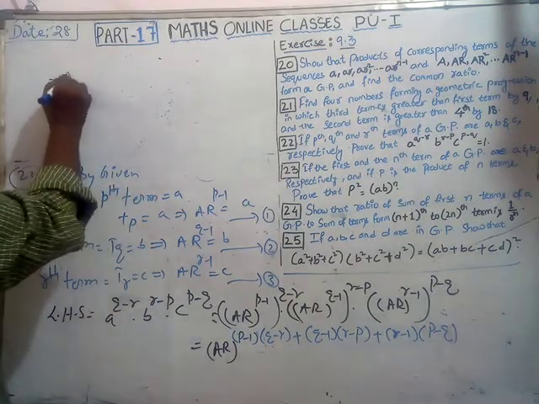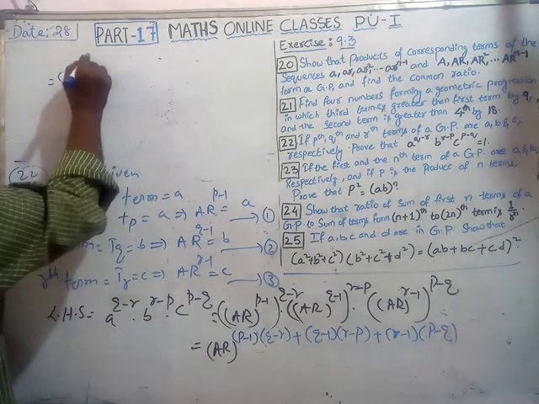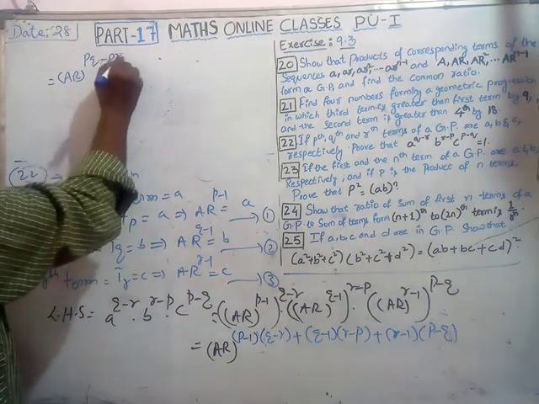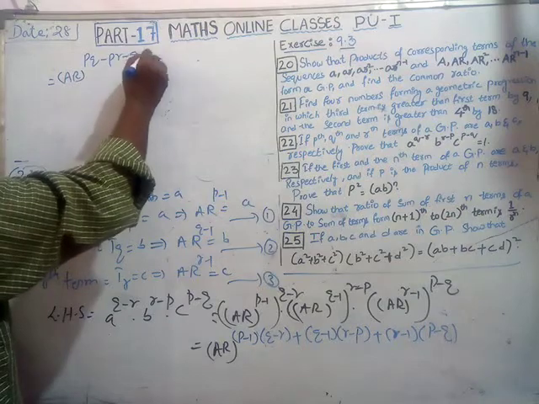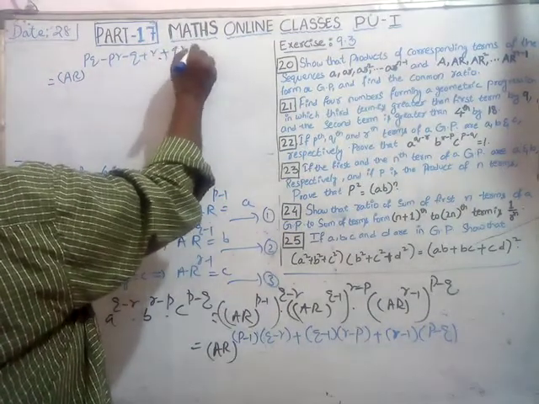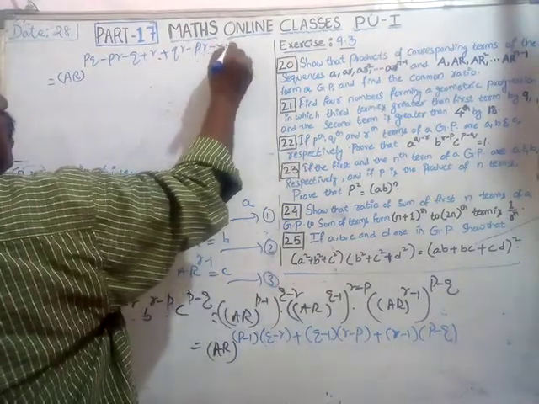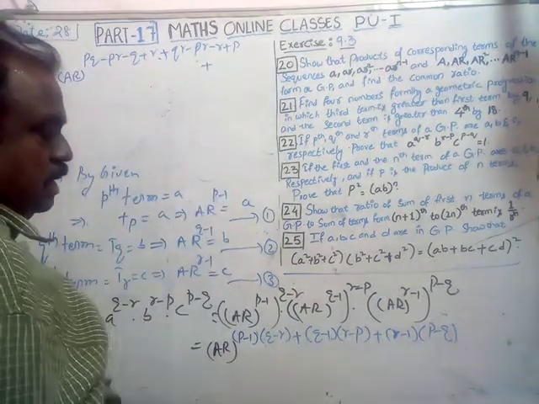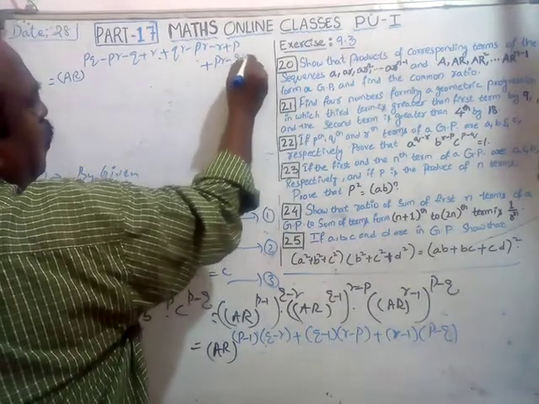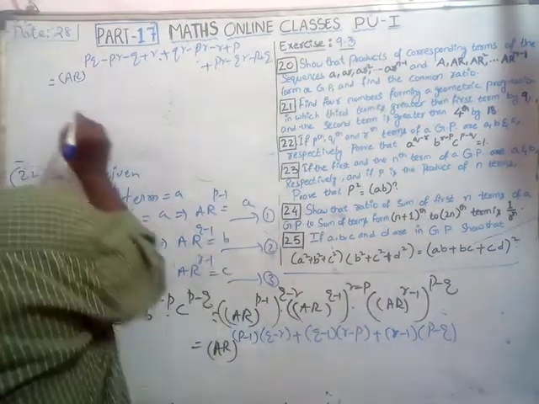The continuation is AR power PQ, expanding this product, minus PR minus Q plus R, plus QR minus PQ minus R plus P, plus PR minus QR minus P plus Q.